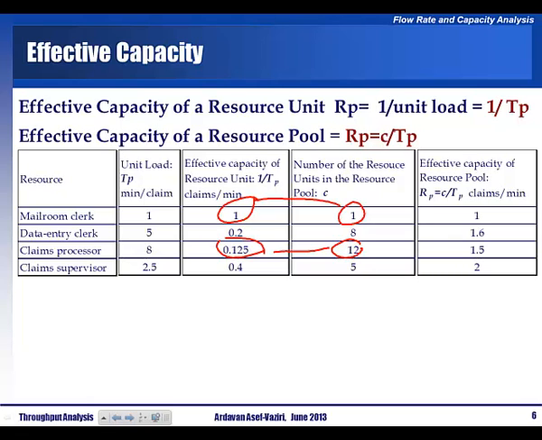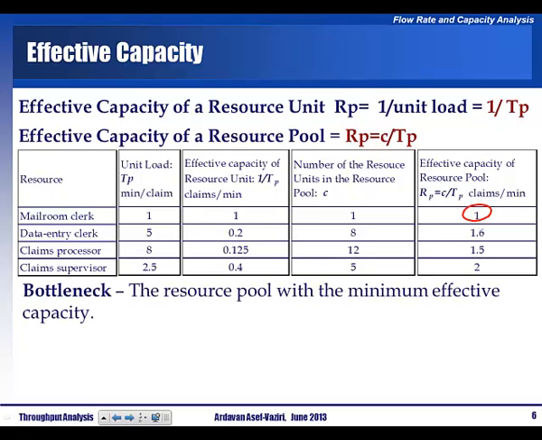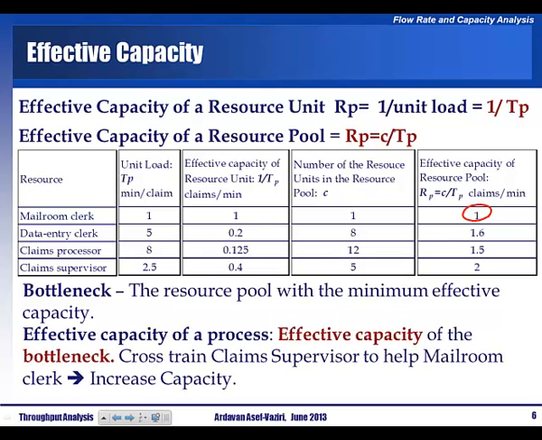The smallest is here. Process capacity is 1 claim per minute, because the capacity of the bottleneck is 1 per minute. The bottleneck is the resource pool with the minimum effective capacity. The effective capacity of the process is equal to the effective capacity of the bottleneck.